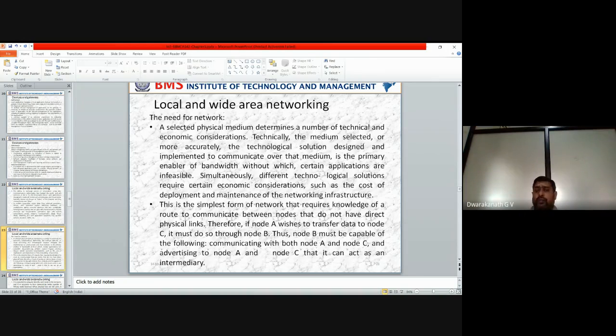But assume that a farmer has a land of 3 to 4 acres, and on those 3 to 4 acres there is a plantation, say a grape plantation or that type of plantation. In these 3 acres of land, how can we put the sensors?